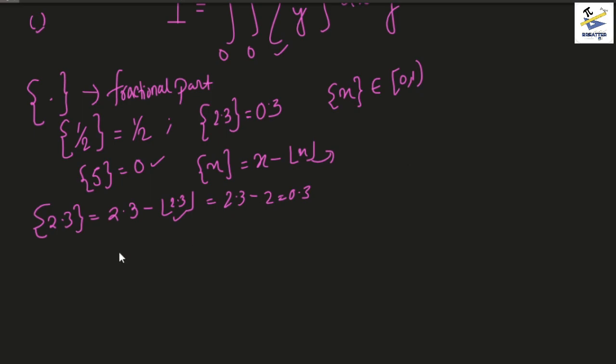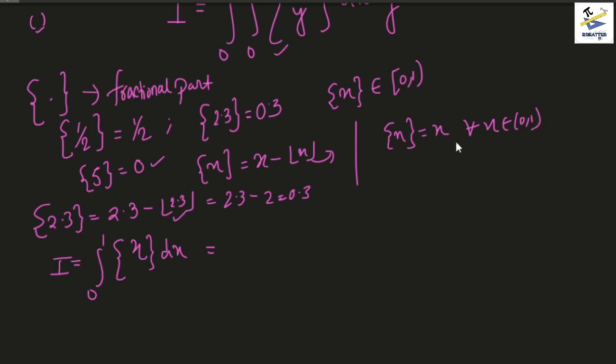Now the integral we are given is a rather peculiar one. Let us evaluate a simple integral first. If we have the integral from 0 to 1 of the fractional part of x dx, as I already told you, the fractional part of x will equal x itself only when x belongs to 0 comma 1, because inside 0 comma 1, x is always a fraction, right?